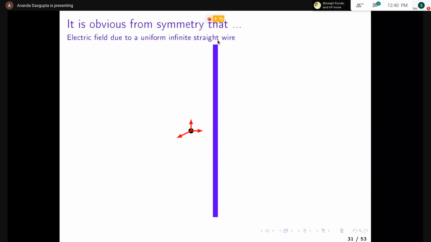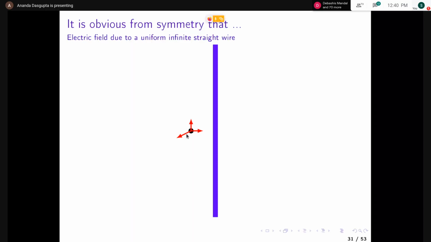Rotation about this wire is, of course, a symmetry, but that will move this point from this place to another place on the same circle somewhere. That's actually a very important symmetry for this problem, but we are not going to talk about that right now. We are talking about a symmetry which will keep the point unchanged.